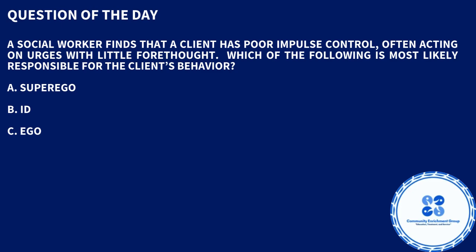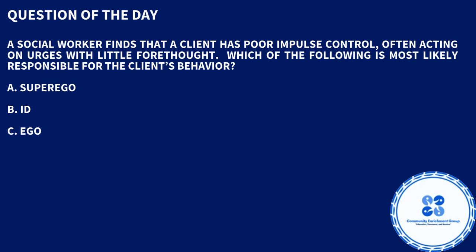Is it the id, the primitive and instinctual part of the mind? We have to remember that this part of the mind contains drives, and those drives are most likely to be associated with what? Poor impulse control. Okay, we're going to put our pinpoint there, but that looks like that's the answer.